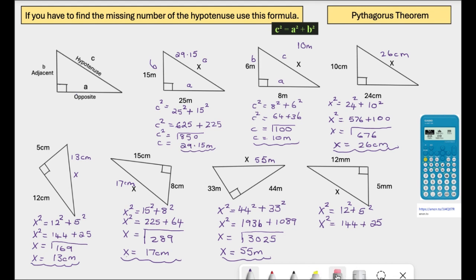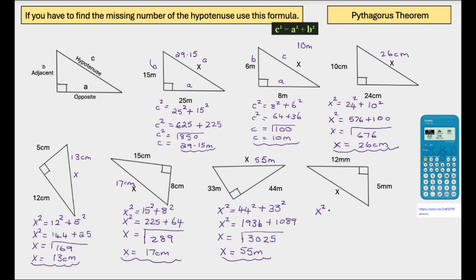I just want to show you something. So when we're adding, do we always have to do the opposite, which is our A, and then our B? Could you not just do the B and the A the other way round? Well, you can, can't you? Purely because it's an adding question. And when you add, it doesn't matter which way you go, as long as they're adding.